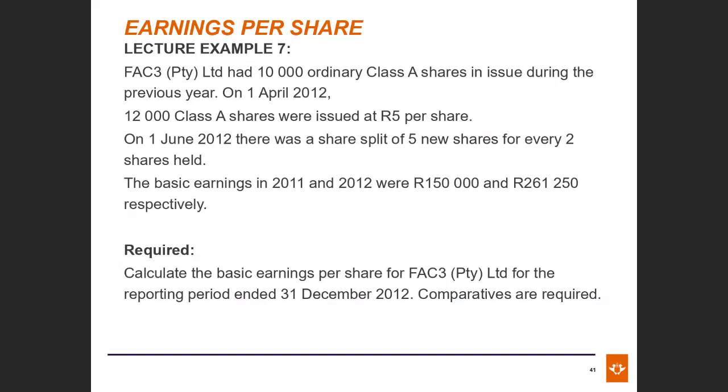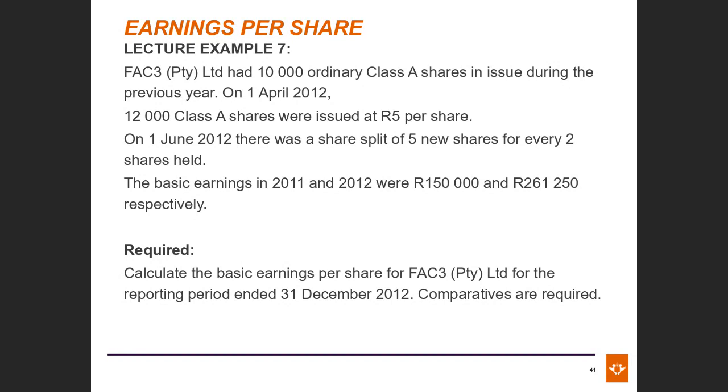So in lecture example 7, it says FAC3 Pty Limited had 10,000 ordinary Class A shares in issue during the previous year. On the 1st of April 2012, 12,000 Class A shares were issued at 5 Rand per share.